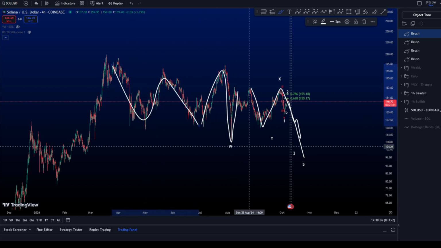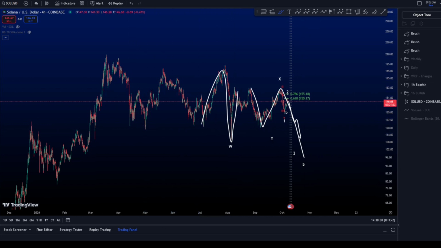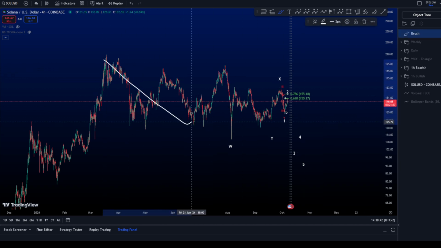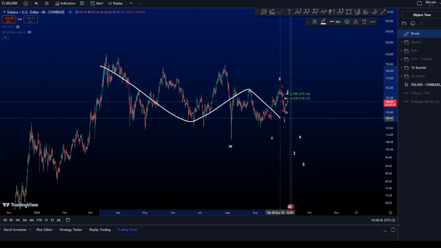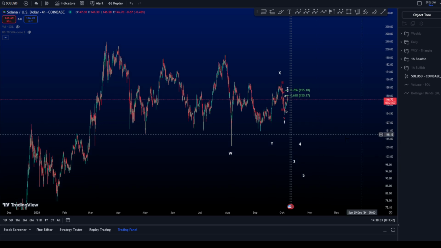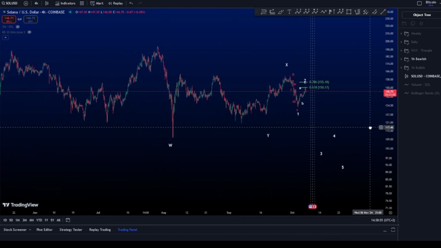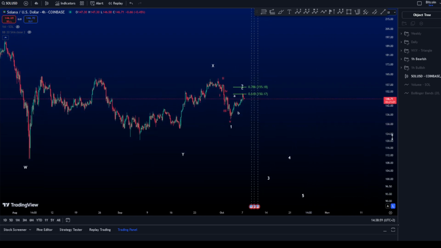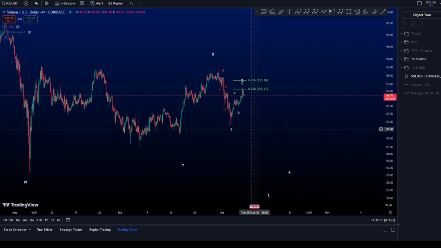And then a WXY, where we are going to finish the WXY, of course, for Solana here as W, X, and Y. And by all means, you finished your wave 4 exactly here, and then you want to move up for higher prices after finishing a complex structure in WXY. And of course, to be watched to see what's going to happen.